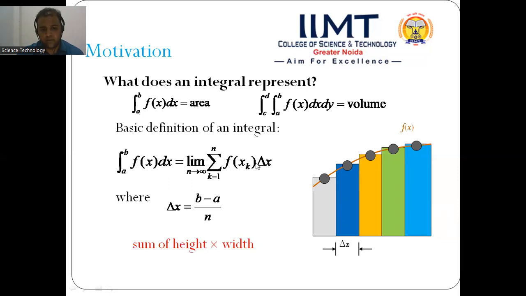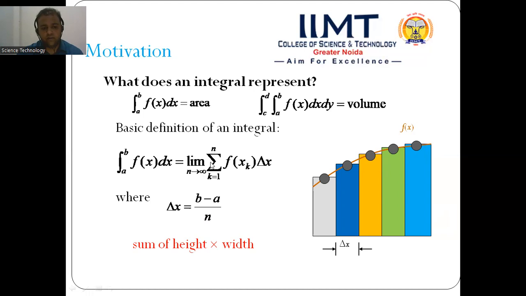Here f(xk) is the height of the rectangle and del x is its width. Suppose x1, x2, xk are the midpoints of each rectangle. Adding those areas will produce the approximate area under the curve.